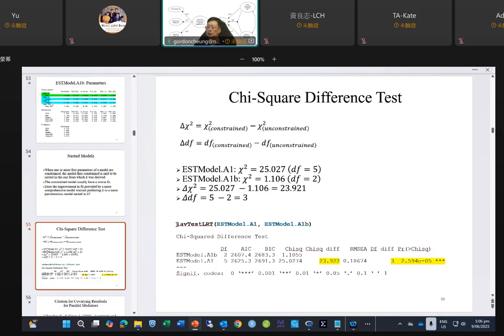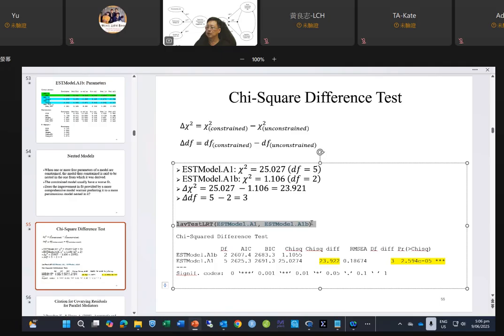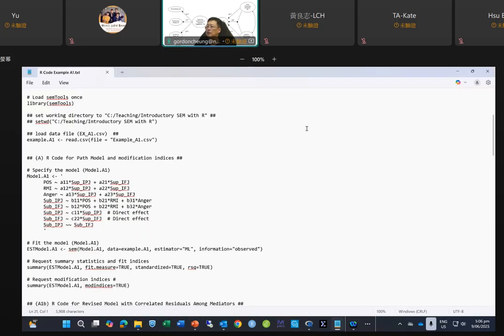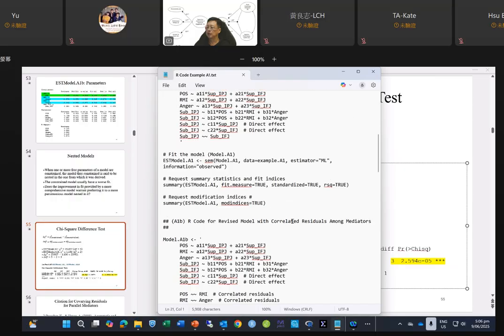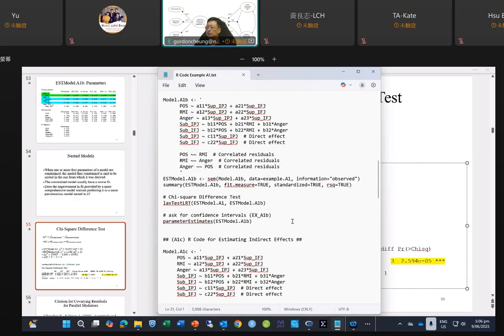Then we can use this command to find out whether the improvement in fit is statistically significant. Sometimes it won't allow me to copy and paste. I think I have that.